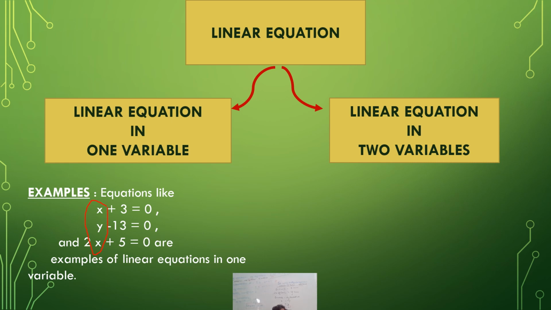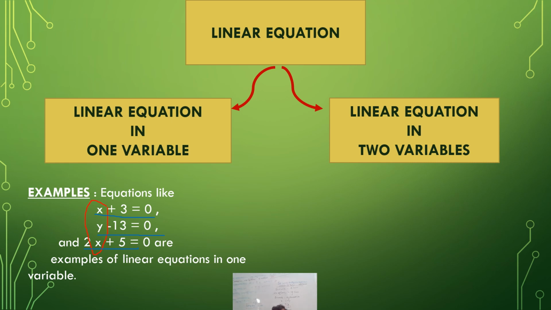These are variables. In each of these equations, we have only one variable. So these are all examples of linear equations in one variable.